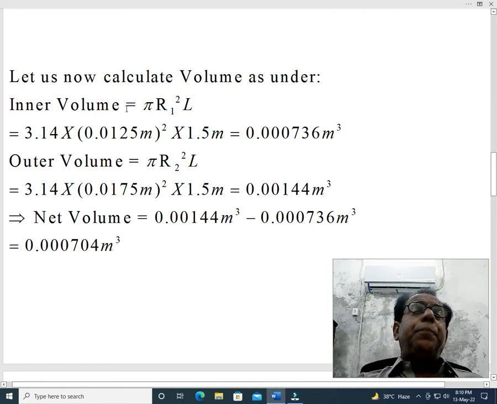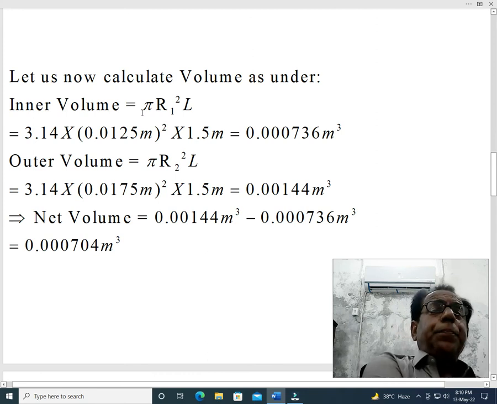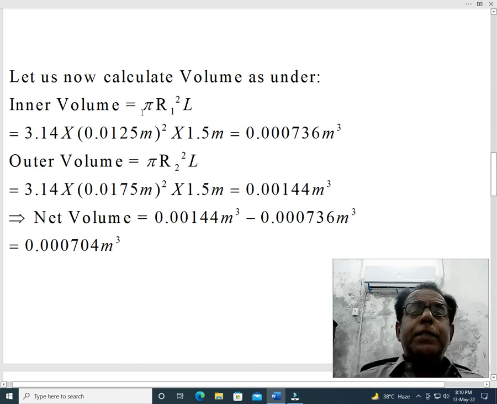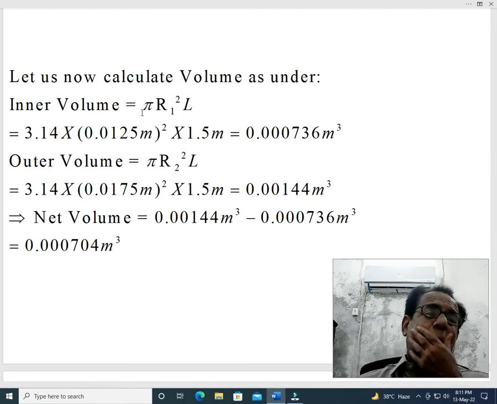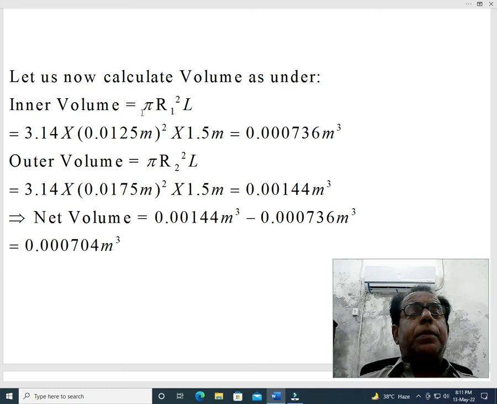Next what we have done, we have simply put the value of pi, which is 3.14. Okay, how does 3.14 come? 3.14 comes when we divide 22 by 7. 22 divided by 7 gives a number whose decimal representation is non-repeating, non-terminating.